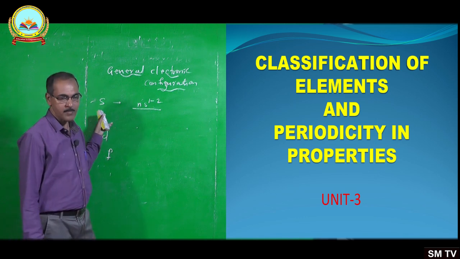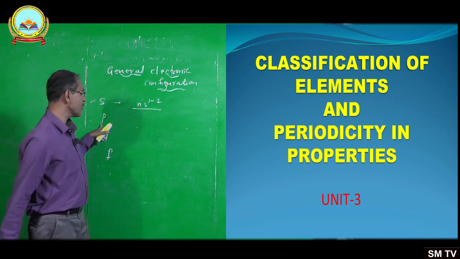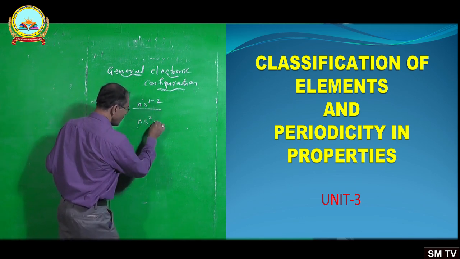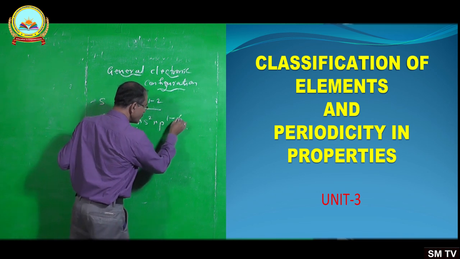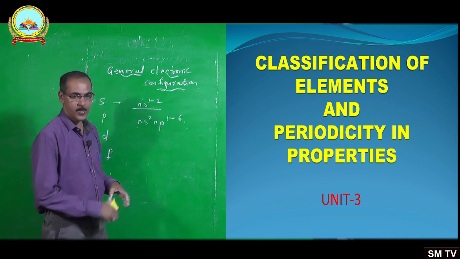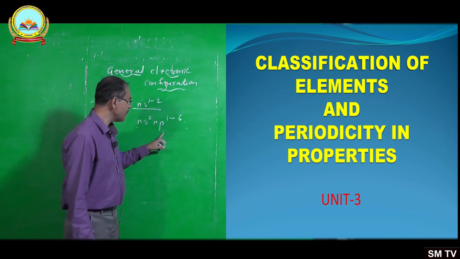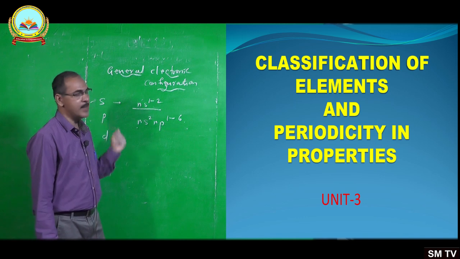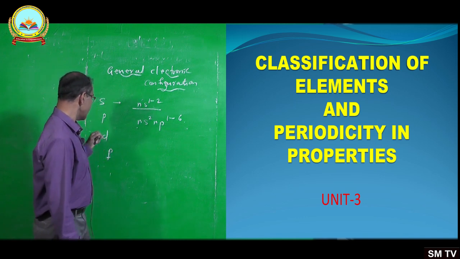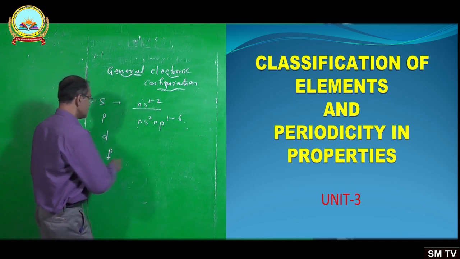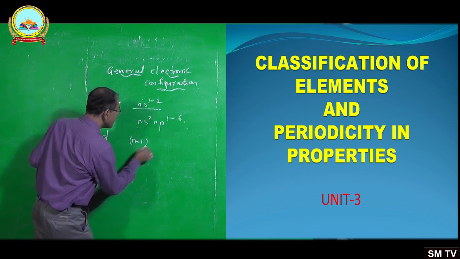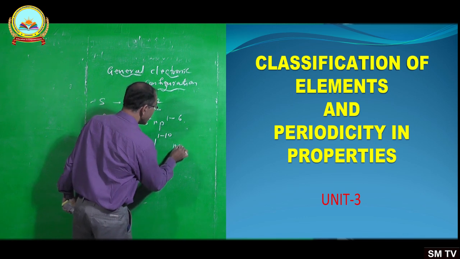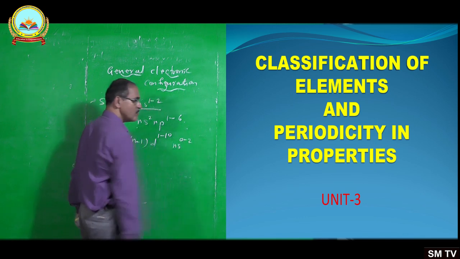For p block, the general electronic configuration is ns2 np1 to 6. For the d block elements, it is (n-1)d1 to 10 ns0 to 2.